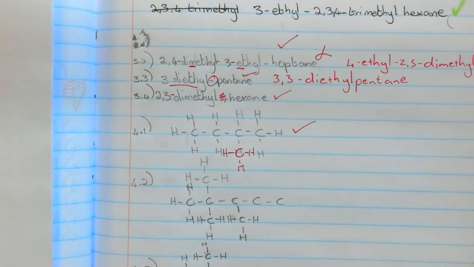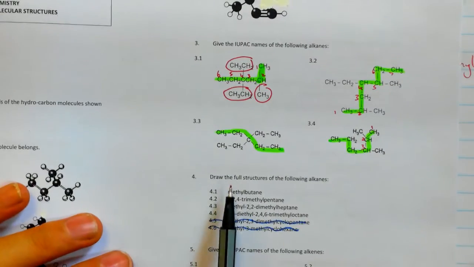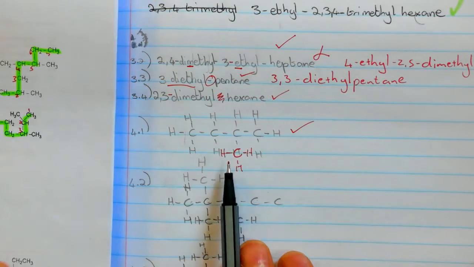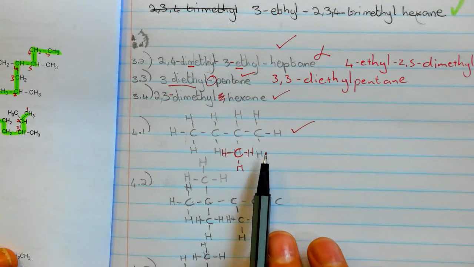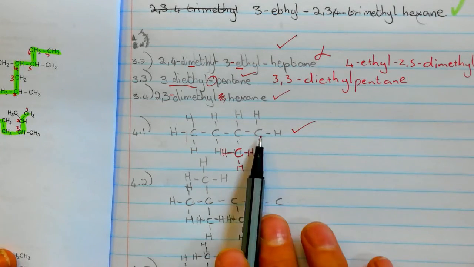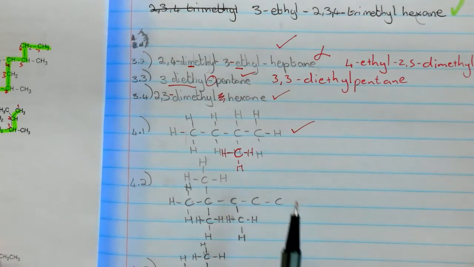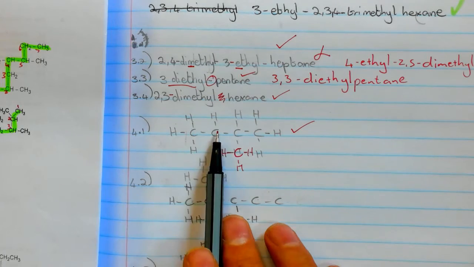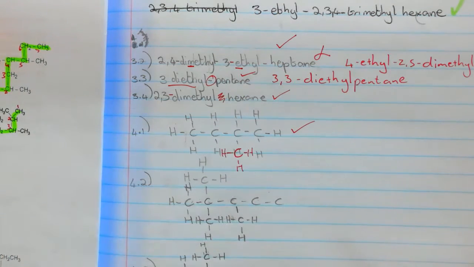The reason why they do not give us a number for the position of the methyl is because there's only one place that the methyl can be. If you place this methyl group on the first carbon, it would be a 5 carbon chain, changing it into pentane. Okay? If you put the carbon on this one, it would still be in the same position, just on the second carbon, just flipped around. Does that make sense to everyone?